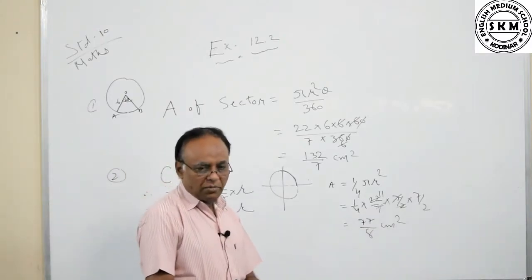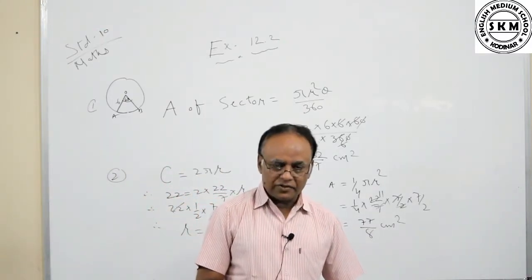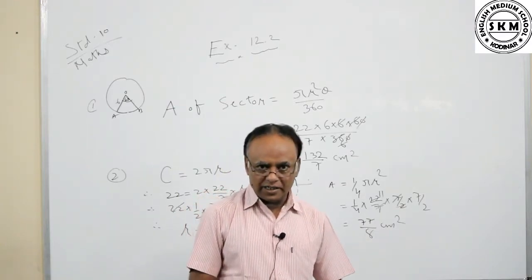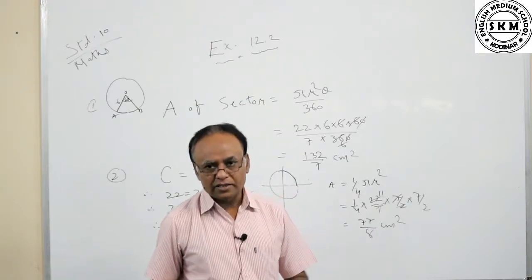You can also apply the sector formula, pi r square theta upon 360, r we found, and theta here is a quadrant, therefore it is 90 degrees.